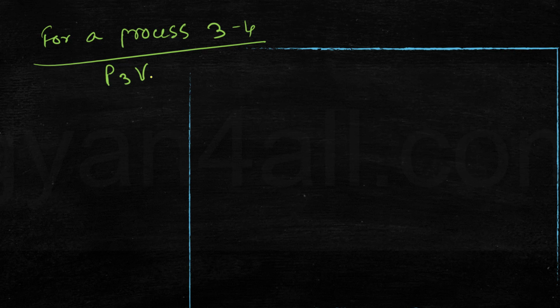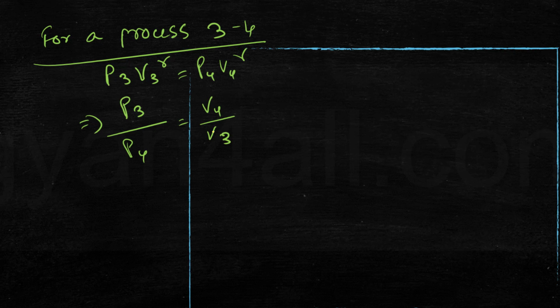For process 3-4, P3 V3 to the power gamma is equal to P4 V4 to the power gamma, which is the isentropic law. Therefore, P3 divided by P4 is equal to V4 divided by V3 all to the power gamma. Say this is equation 1.